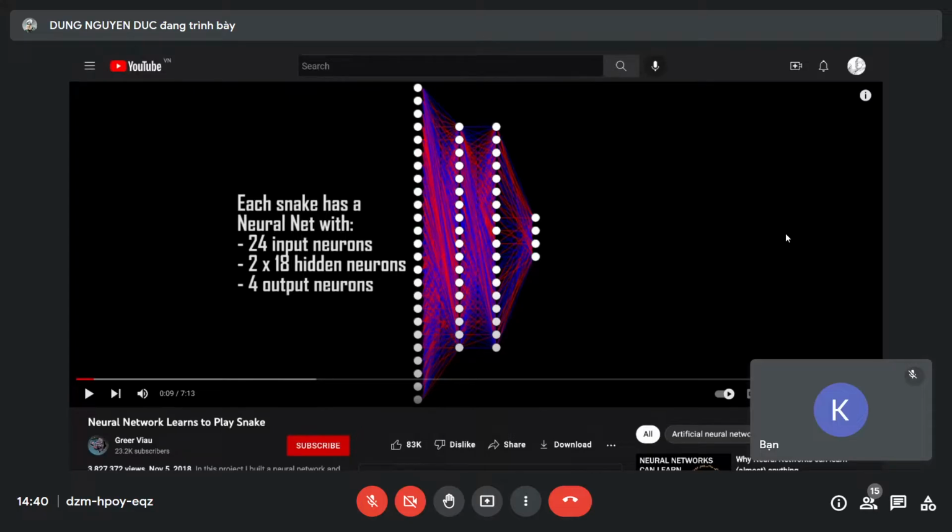Each hidden layer will have 18 neurons. Well, very small, right? This is a tiny, tiny network. And there are four output neurons. Okay, those will make the final decision. So if you learned about neural networks earlier, you may know that we have some sort of parameters in the system. Then those parameters will be the ones learned by genetic algorithms.